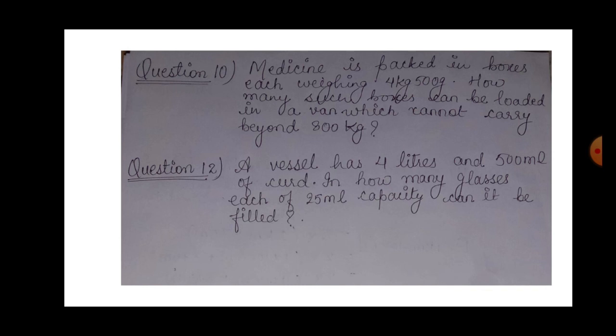So the capacity of each glass is 25 ml and the total capacity of the vessel is 4 liter 500 ml of curd. So how many glasses will be needed to fill this much curd?